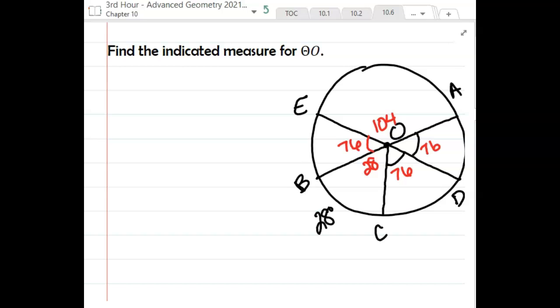So here are the things we want to find. I'm just going to copy them all down. We'll go back and fill them in.